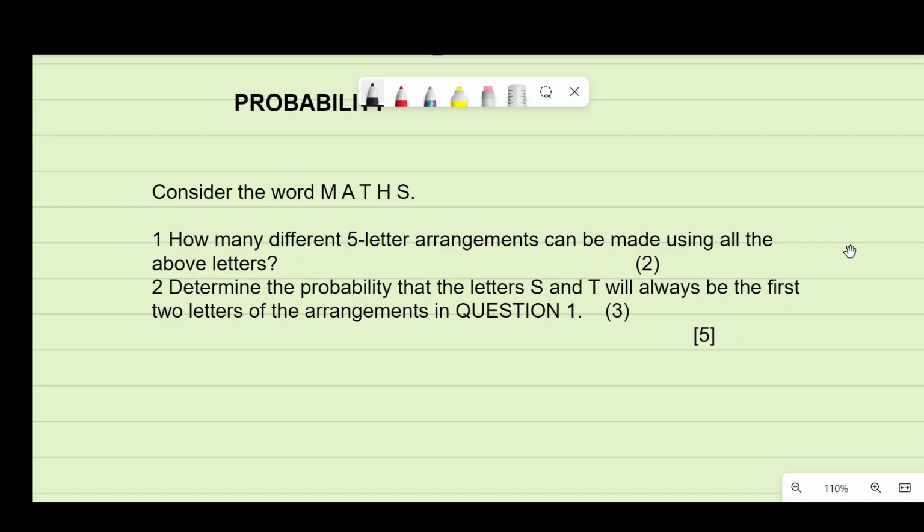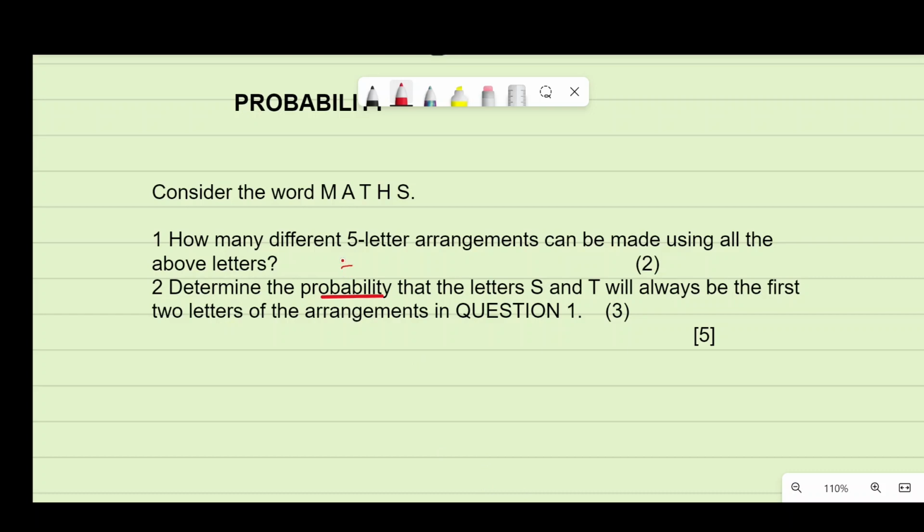So you must be very careful when you are writing in the examination, and if you see a question like this, when you read, if the question is how many different, no problem, that is what we have been doing so far. But look at the second question, determine the probability. So here you saw the word probability, immediately underline it.